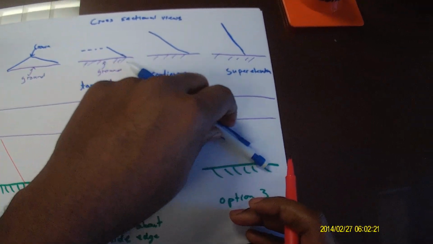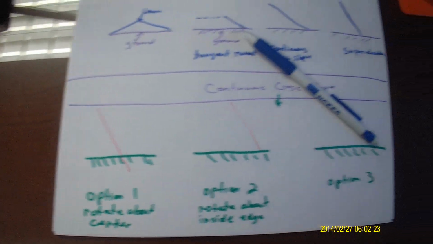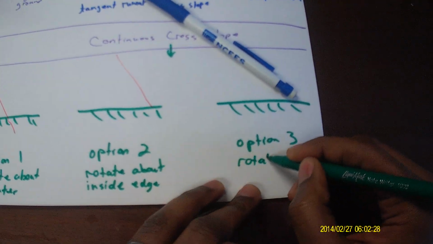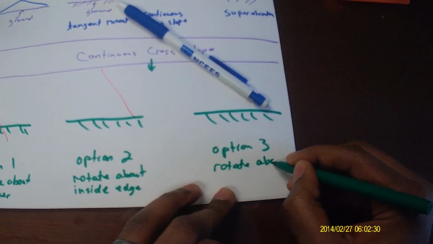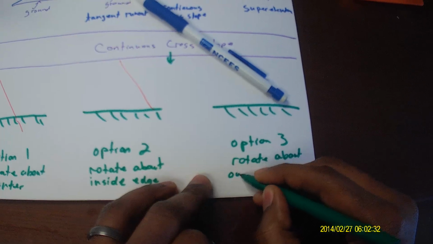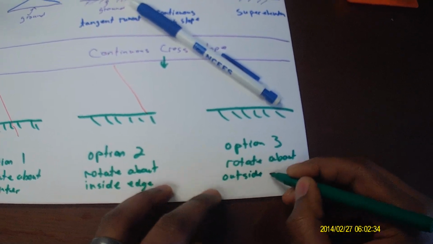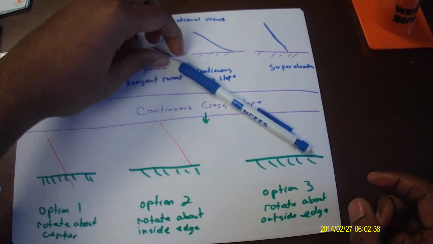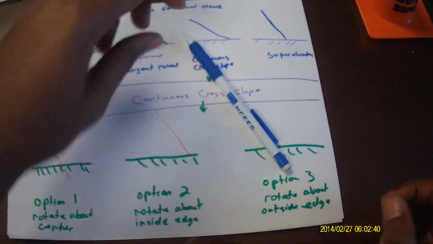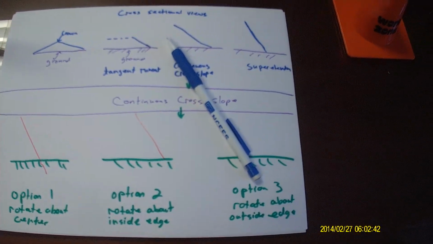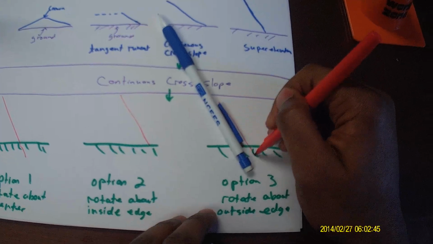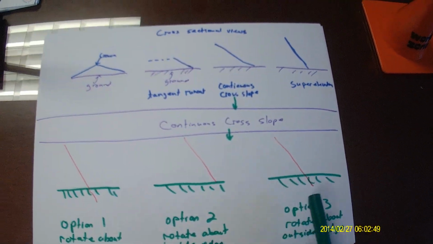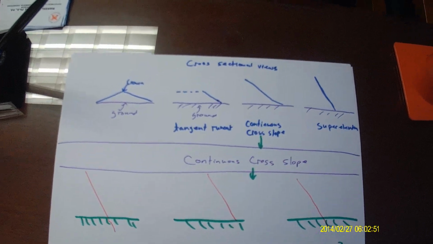Well, option 3 is I can rotate about the outside edge, and again, I still want to make it super elevated, so when I rotate about the outside edge, I am at a lower elevation as far as the ground is concerned. So those are three options.